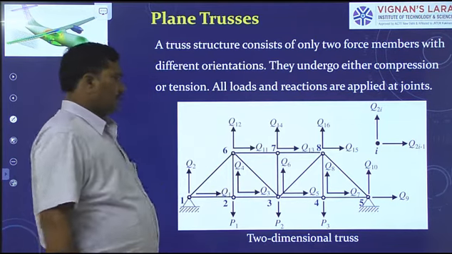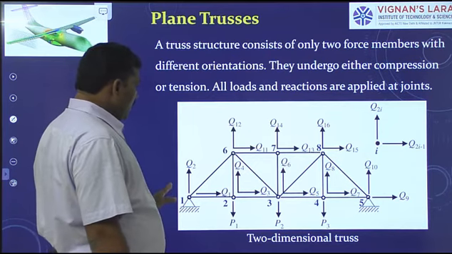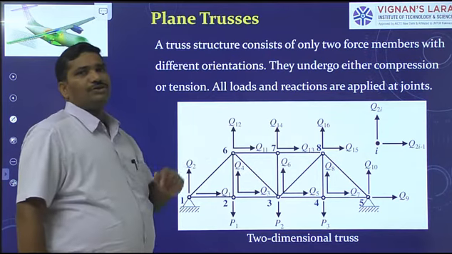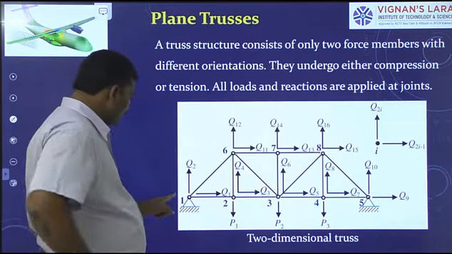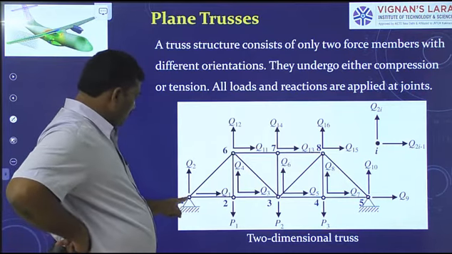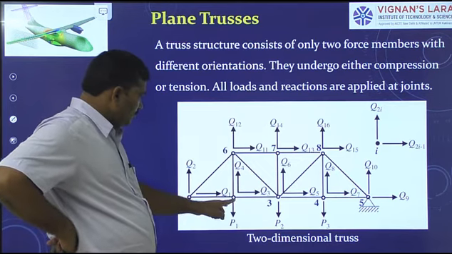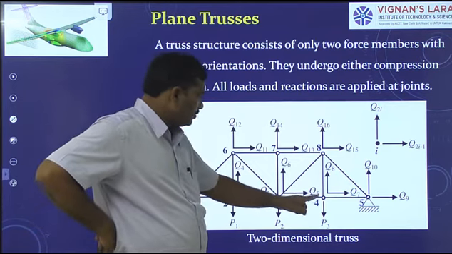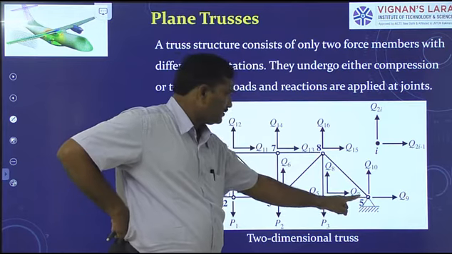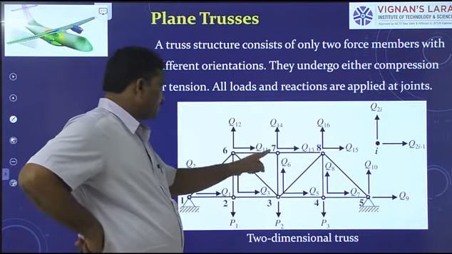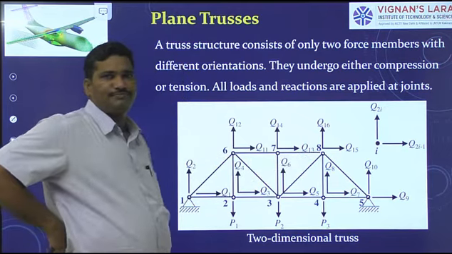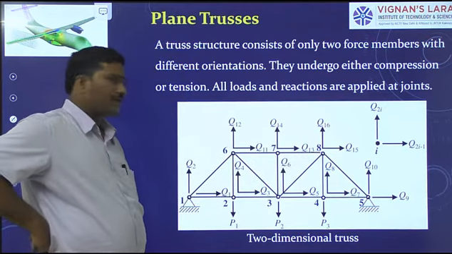Okay. Now, we take nodes at the joints only. Therefore, this is node 1, this is node 2, node 3, node 4, node 5, right? Next, node 6, node 7, node 8. Okay, next.